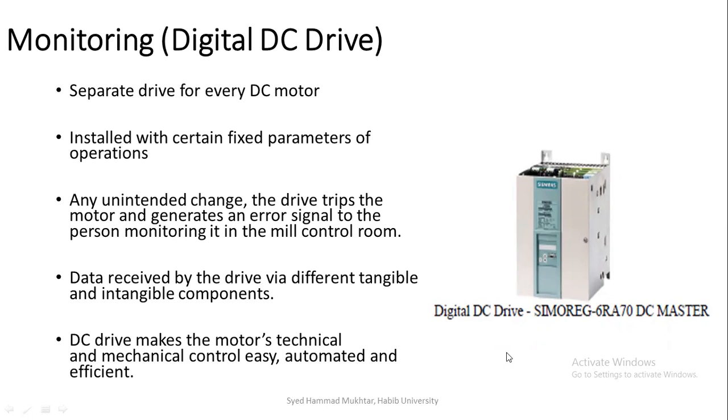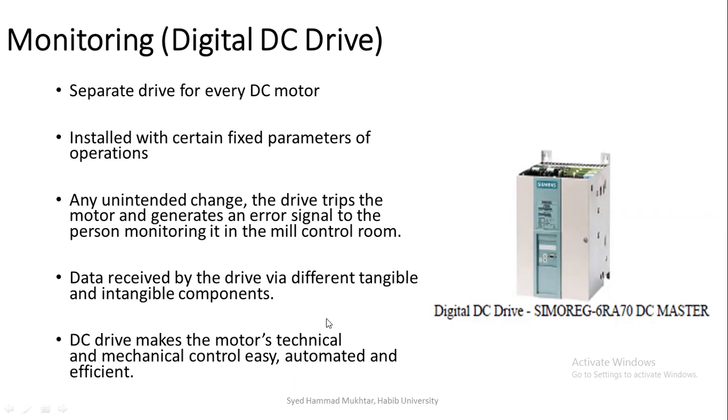So if there's any unintended change, the drive trips the motor and generates an error signal to the person monitoring it in the mill control room. As mentioned earlier, if some parameter does not match the parameter already fed into the drive, the drive ensures that the error is generated, and the person in the control room is informed about the discrepancy.